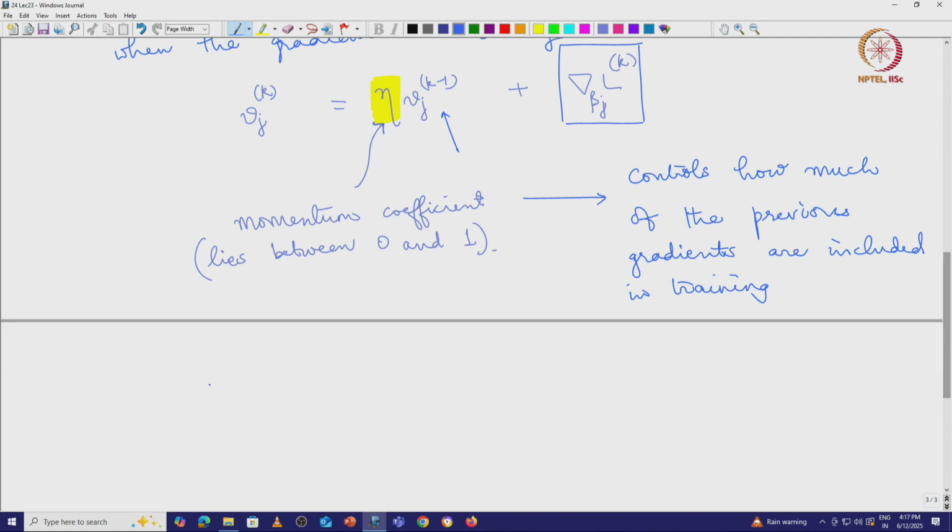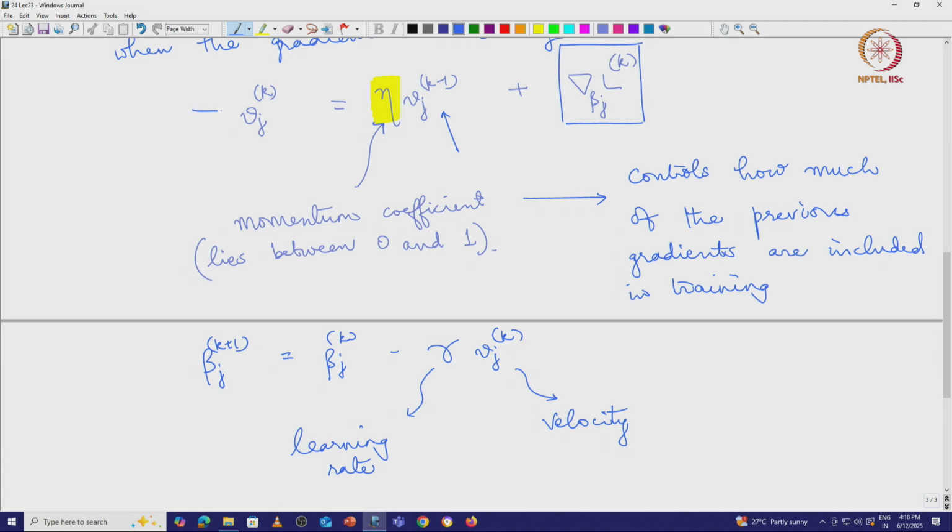Your beta j k plus 1 is beta j k minus gamma, the learning rate, times Vj k. So, this is the learning rate and this is the velocity. You can now see that this accumulation through the velocity vector can either accelerate or decelerate the training process.